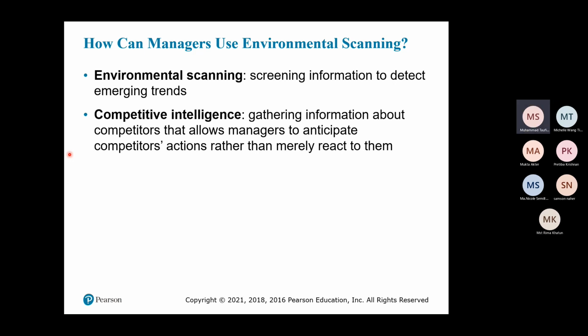So to help you in a very fast changing environment, you can use environmental scanning. And one of the tools under environmental scanning is competitive intelligence, where you gather information about your competitors.